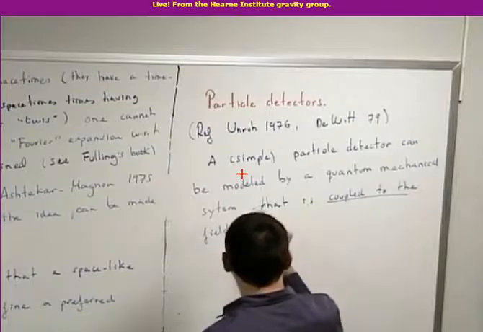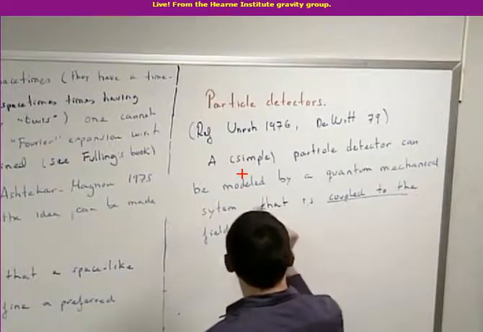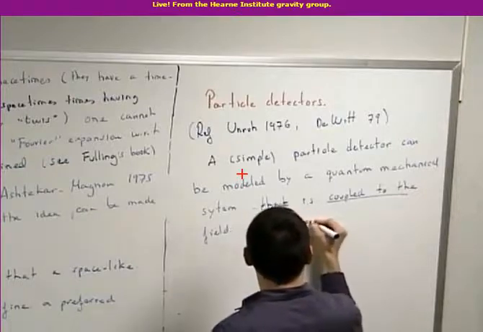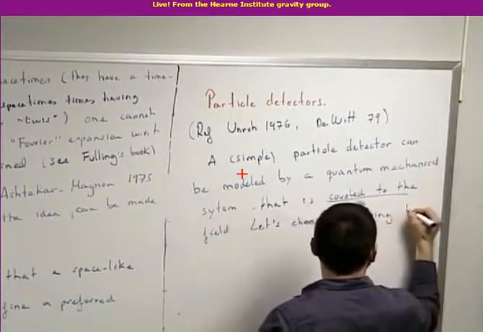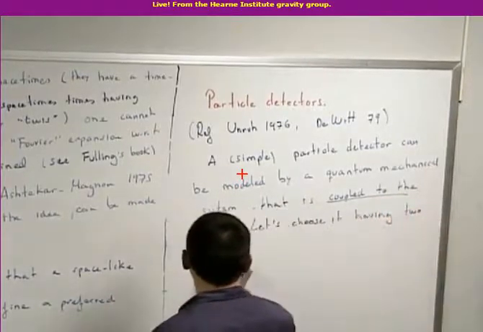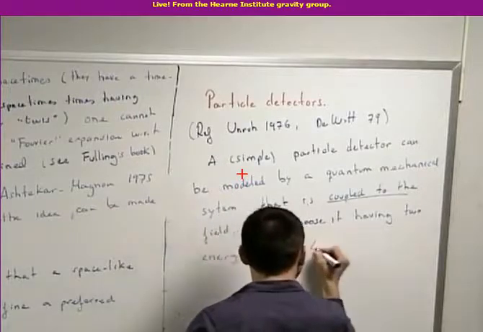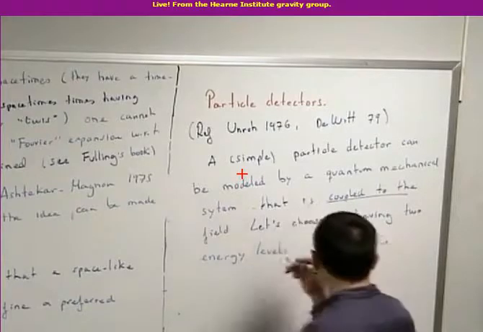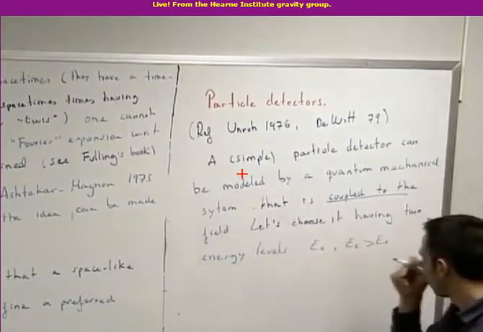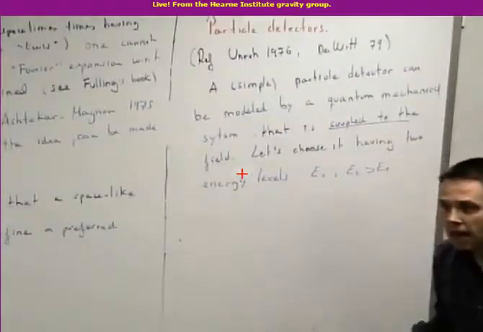To keep it simple, let's choose it having two energy levels, E1 and E2 larger than E1. So a fundamental state and an excited state.